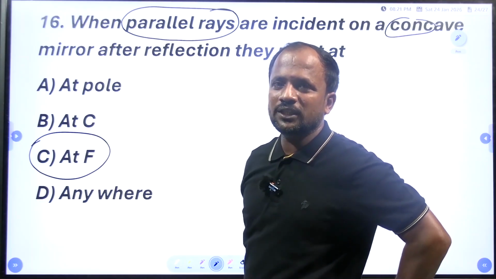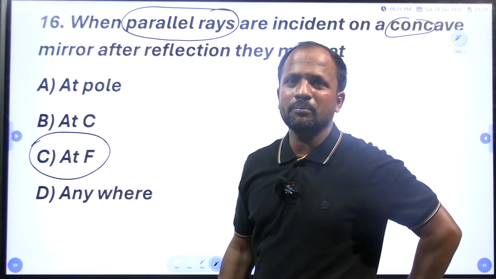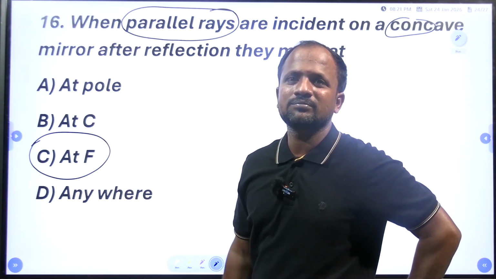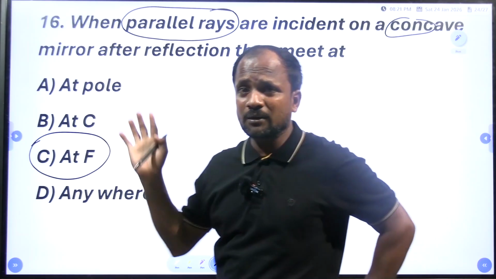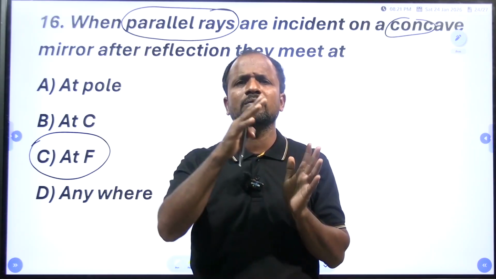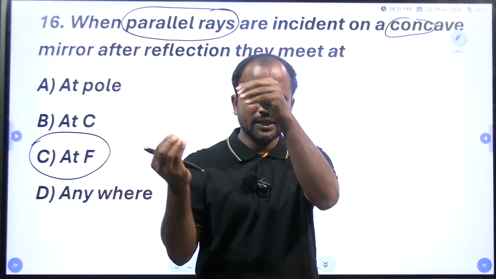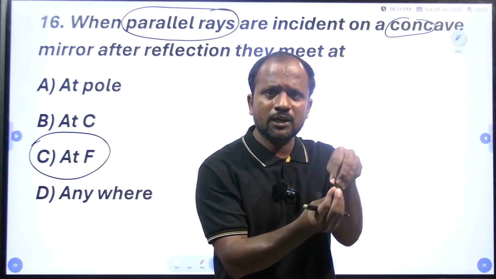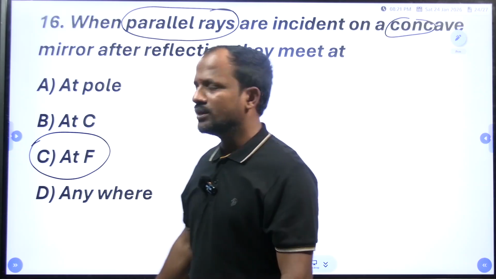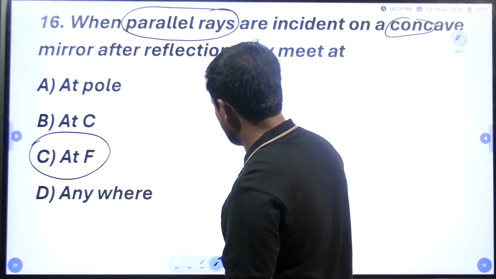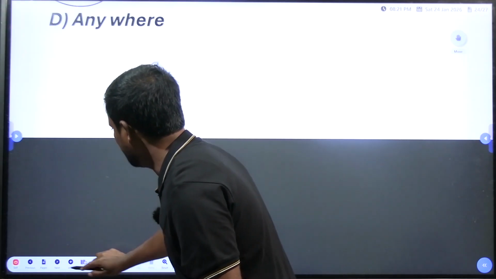By reading the question, you can answer directly. If rays are coming parallel, the whole parallel beam of light is focused at the focus. The reflected rays meet at one particular point on the principal axis, which is called the focus. Right, next question, see here.